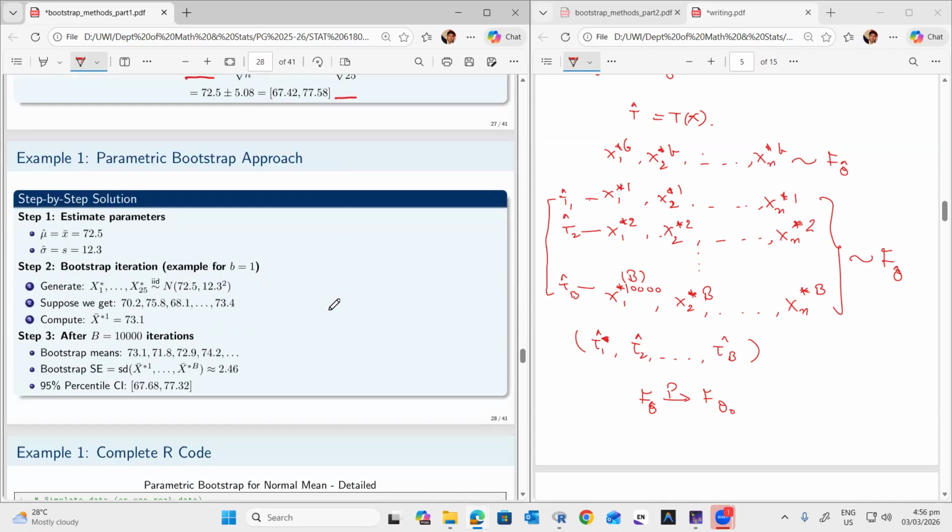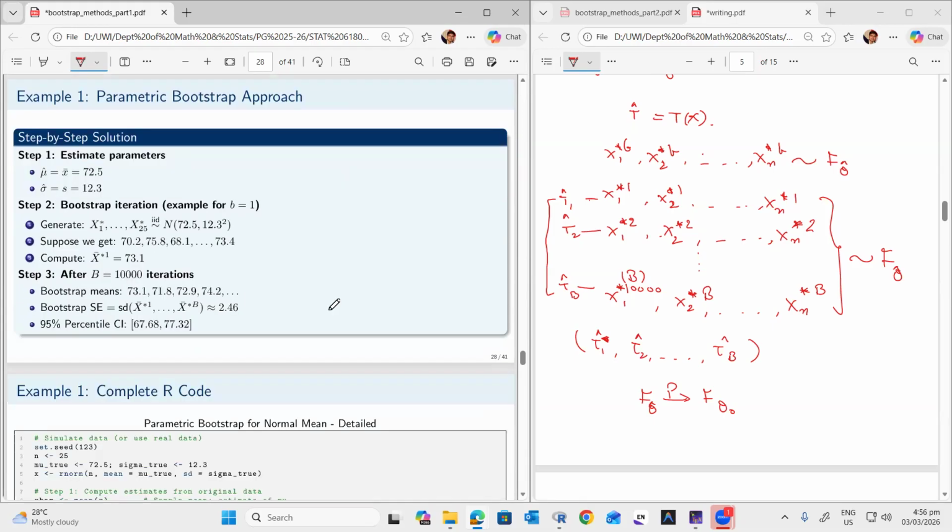Now in the parametric bootstrap approach, we are going to take x bar as our estimate of the parameter, that is 72.5 is our mu cap, and the sample standard deviation as the estimate of the population standard deviation, 12.3.